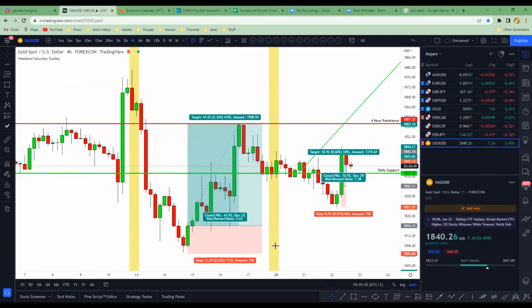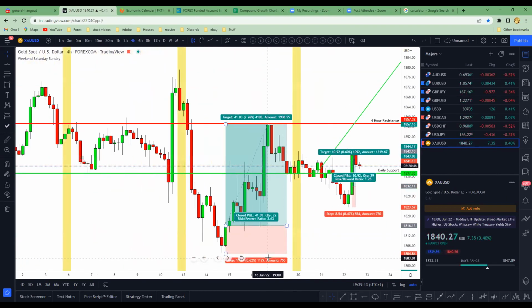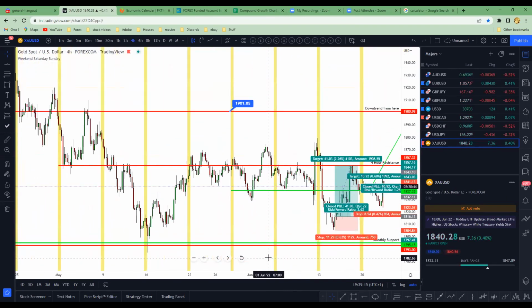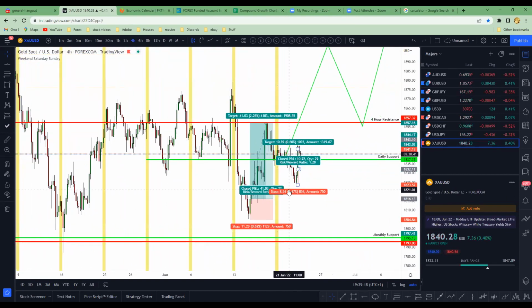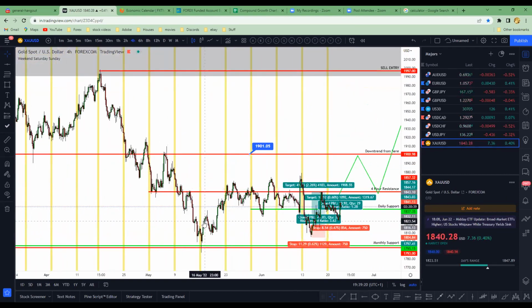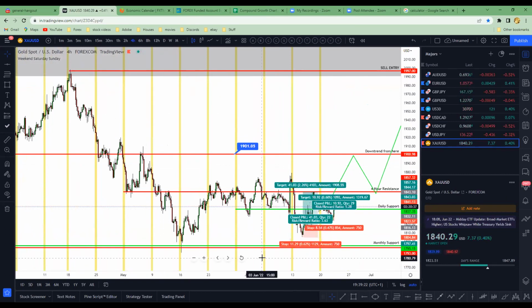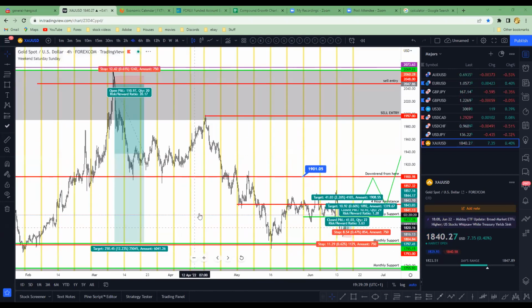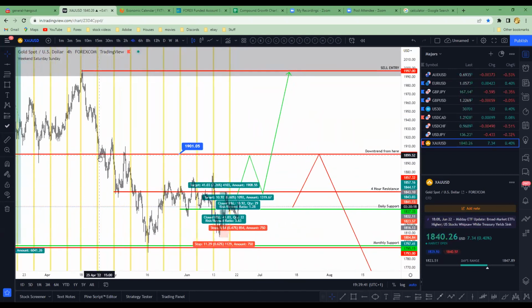What are you looking at for gold, by the way? You are looking at overall trend. Gold is still in a downtrend at the moment. Ever since it broke this line here, it's been in a downtrend, and pay attention, as you can see.